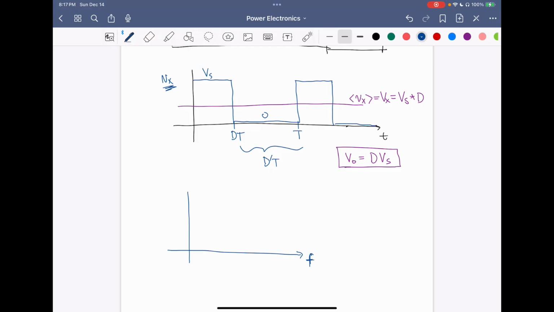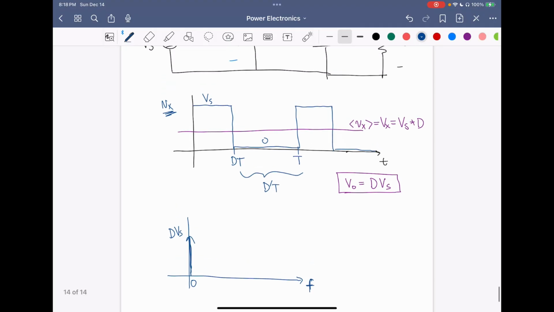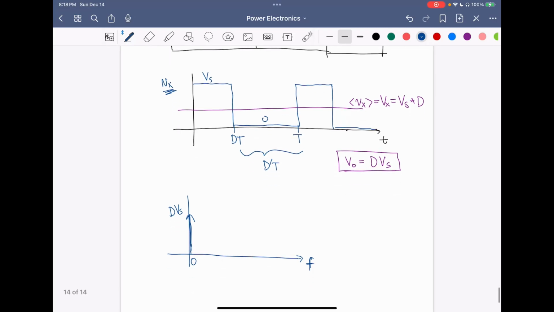And at DC, where the frequency equals 0, we have the DC component, which is D times Vs. And because we're operating in this periodic steady state where we're turning the switch on and off periodically, we have the switching frequency, fsw, equals 1 over the period. And because our waveform is periodic, we're going to get these harmonics of the switching frequency.